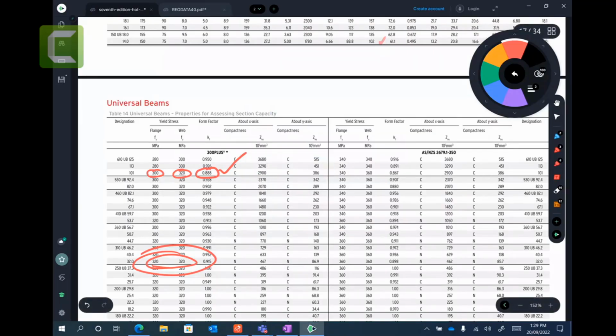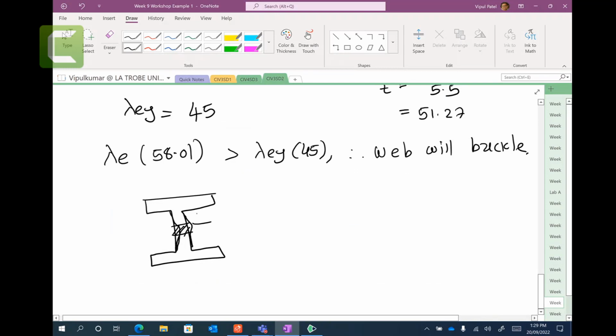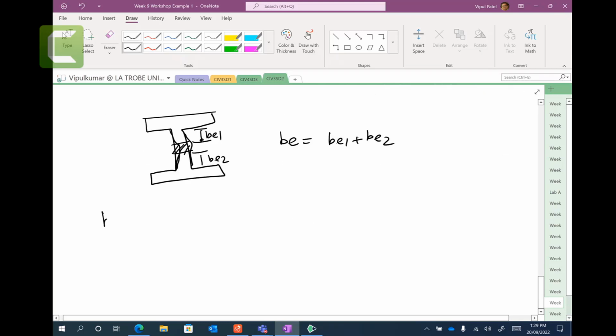That effective width equal to B on lambda EY, lambda E less than or equal to B. So effective widths generally we will have a BE1 and BE2, but standards will just straight away give you BE1 plus BE2. So BE equal to B lambda EY on lambda E, we need to make a check.